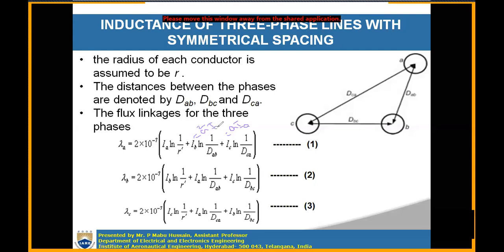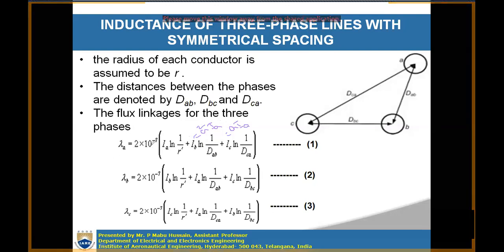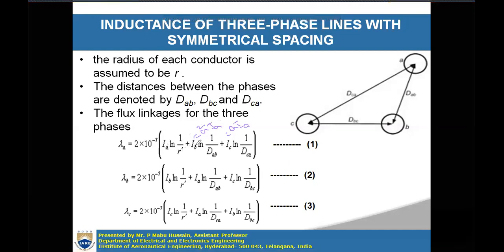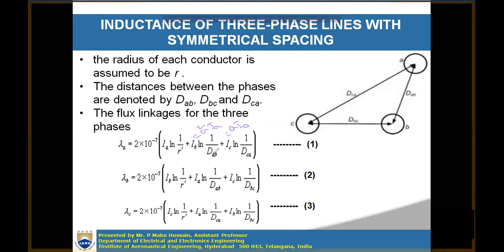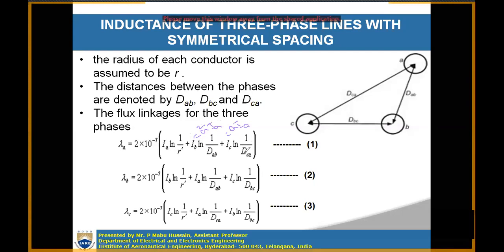So in all the terms, you have IA as common. When you take IA as common, you will get 2 into 10 power minus 7 IA [ln 1 by r dash plus a square into ln 1 by dab plus a into ln 1 by dca].